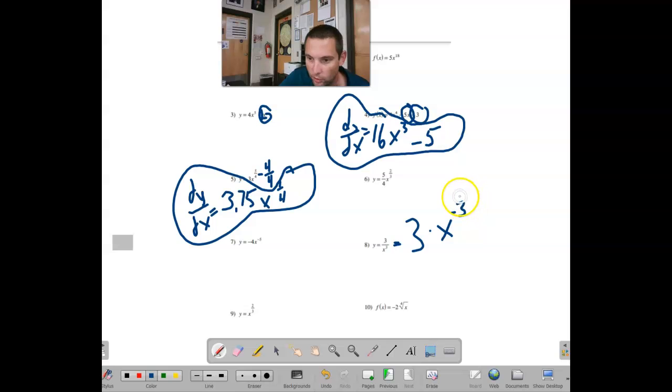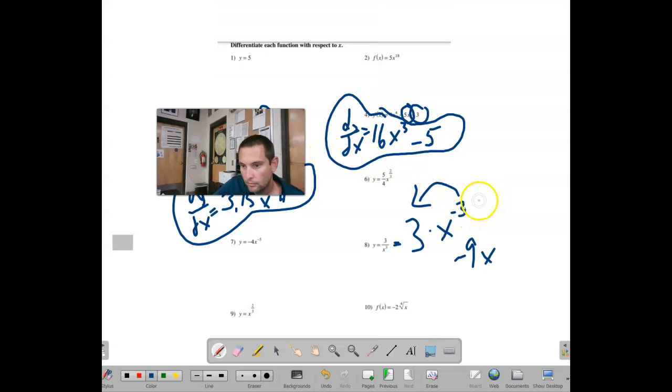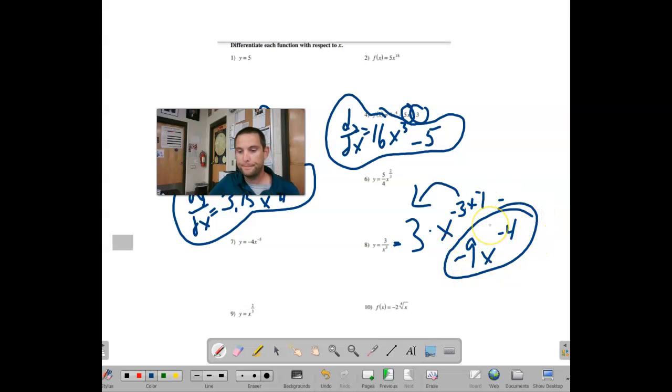Now we can do our power rule. Negative 3 times 3 is going to be negative 9x to the negative 3 minus 1. Careful here. Adding a negative, so that's going to be a negative 4. There you go.